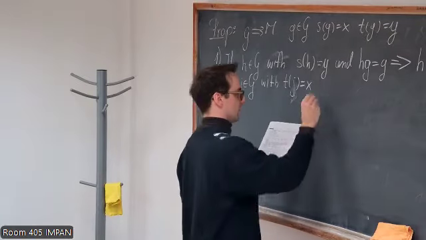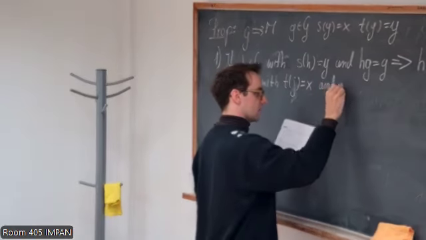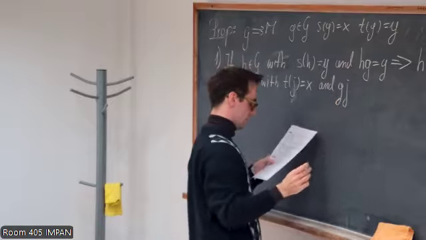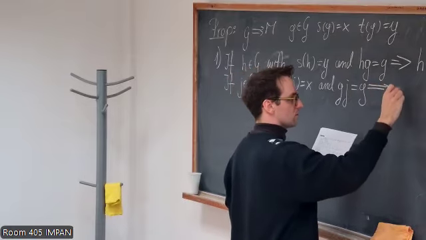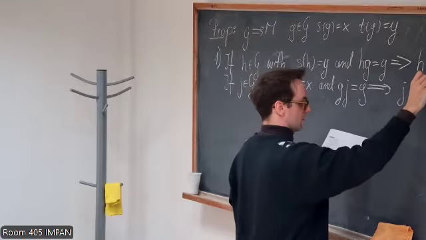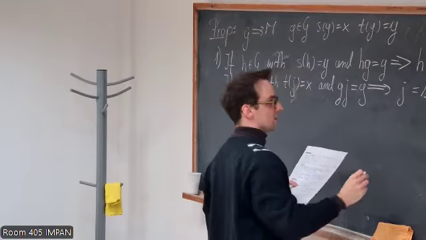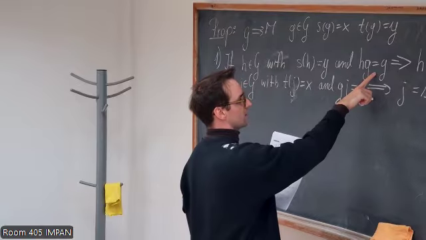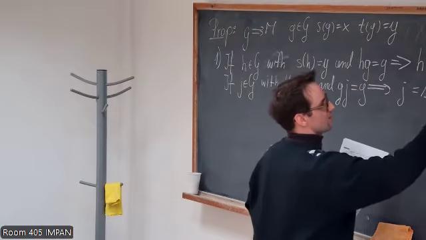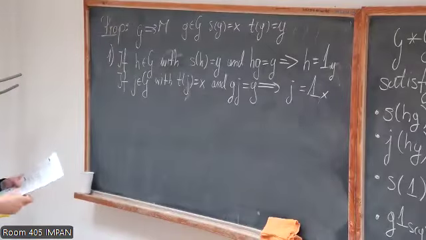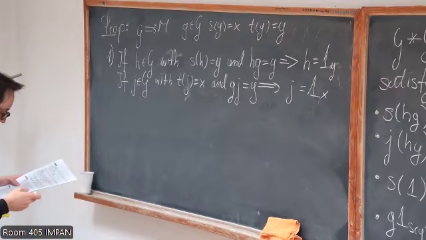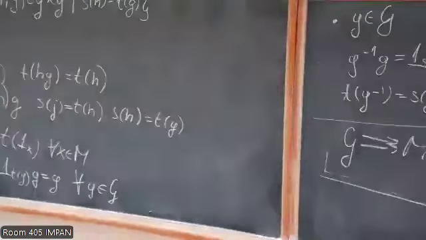is X and the source of J is B, then it follows that J is the identity.